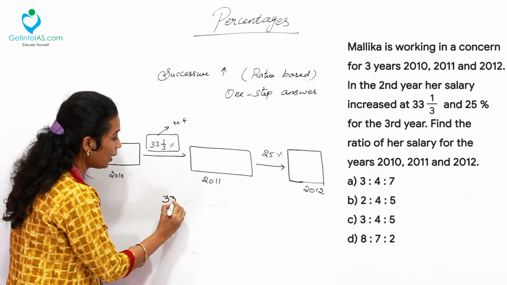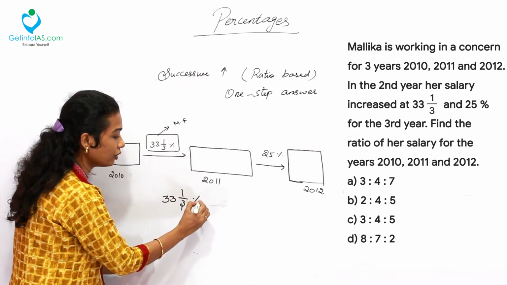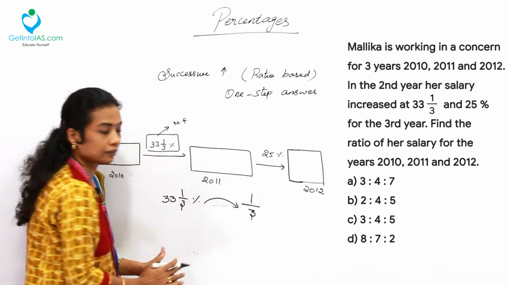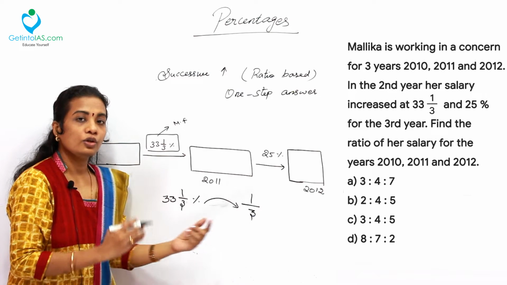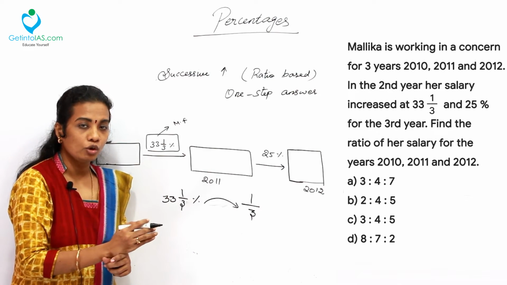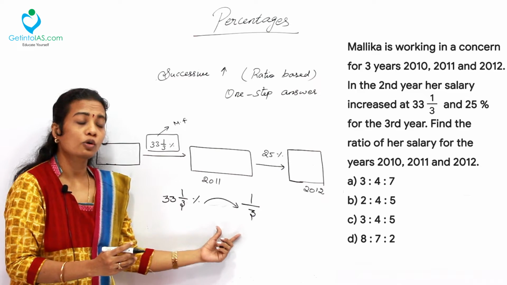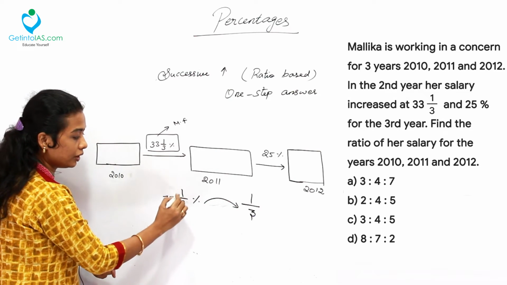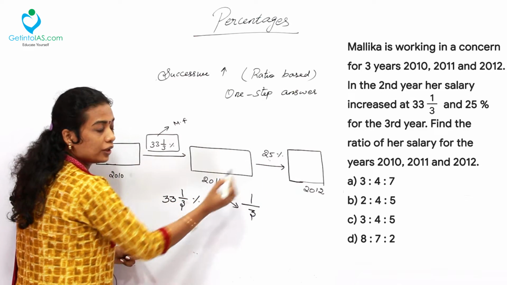What is the equivalent fraction of 33 1/3%, which is nothing but 1/3. For these kinds of techniques and tricks, you can follow our previous videos. In that we have discussed a lot about the percentage to fraction conversion. So 33 1/3% is equal to 1/3. What is 25%?